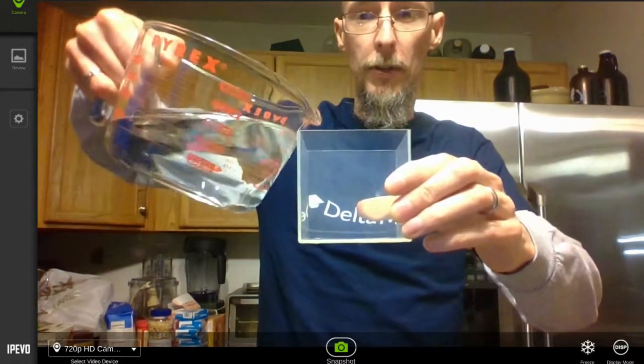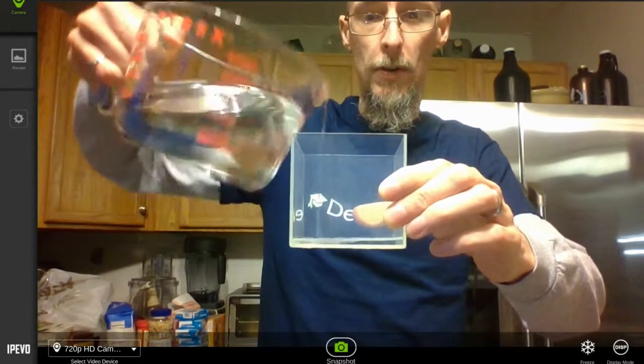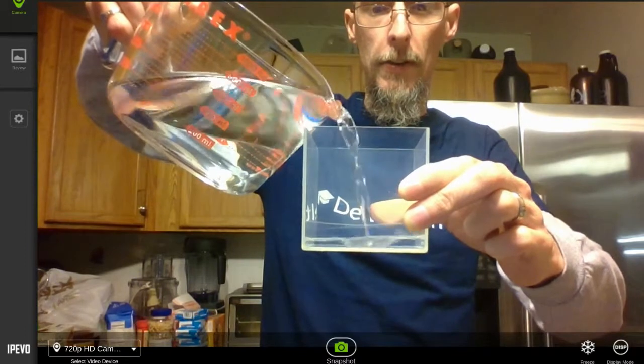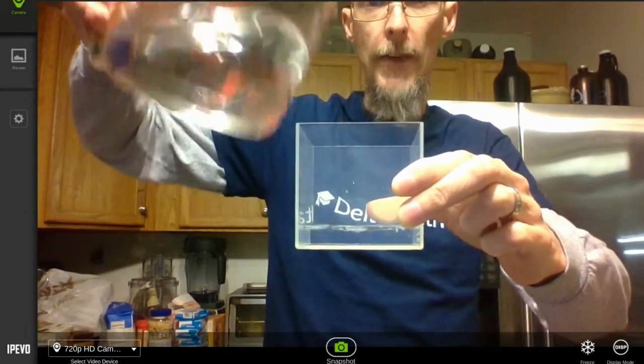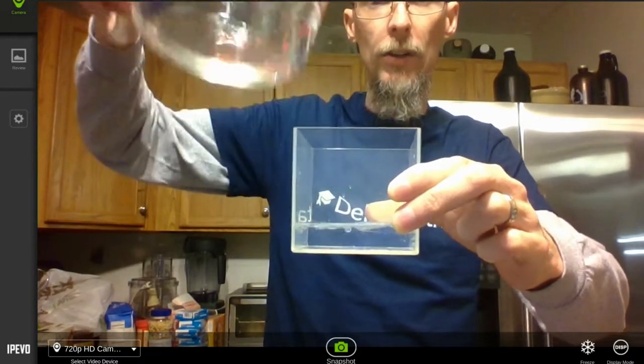So I like to take a look at volume and think about it as filling it up. So when we take our cube here and start to fill it up, we notice that the first thing that fills up is the very bottom. And I can do that again. And it just keeps filling that little by little. In fact, it fills that a little bit each time.